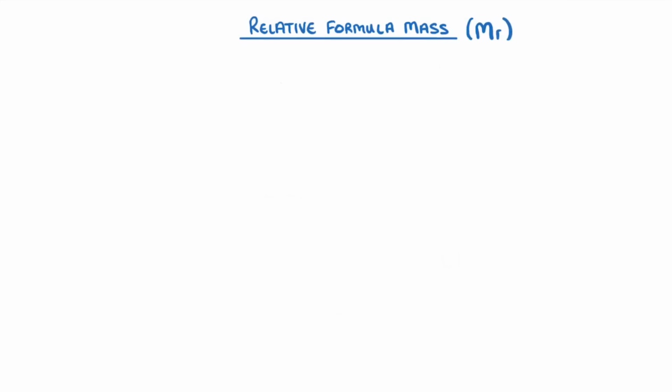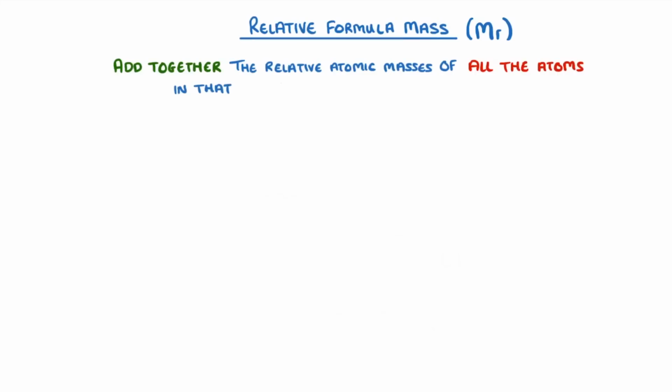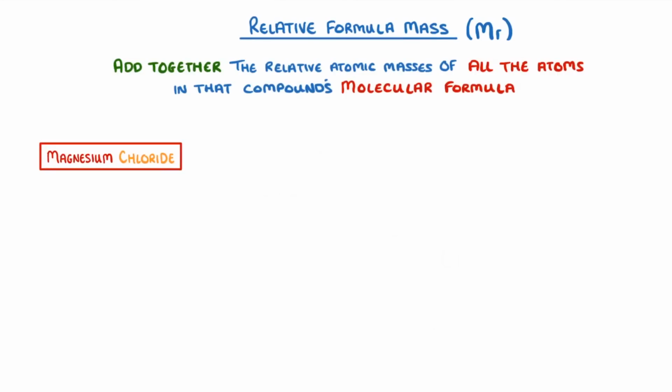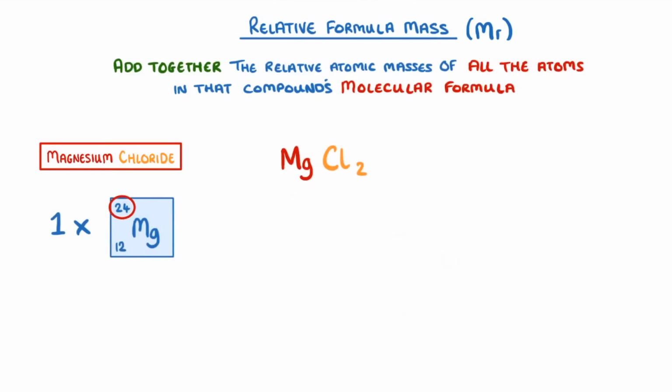To find it, all we do is add together the relative atomic masses of all the atoms in that compound's molecular formula. So if we took magnesium chloride, which has the molecular formula MgCl2, we'd have one magnesium, which has a relative atomic mass of 24, and two chlorines, which each have an Ar of 35.5.